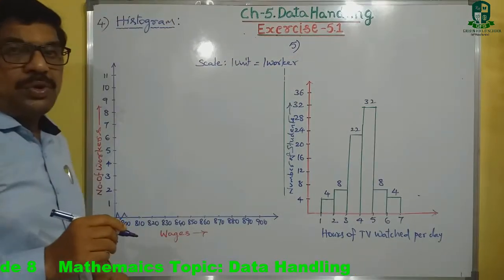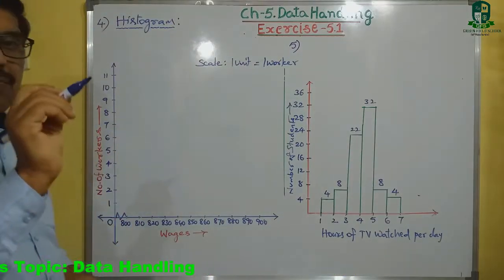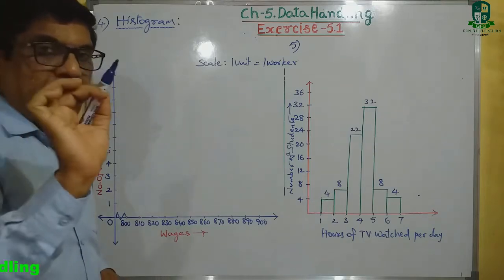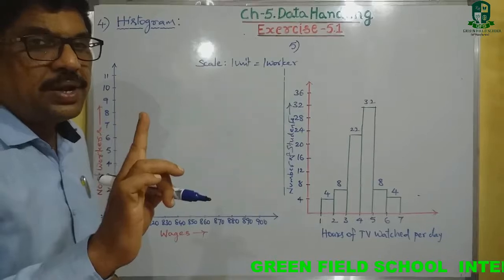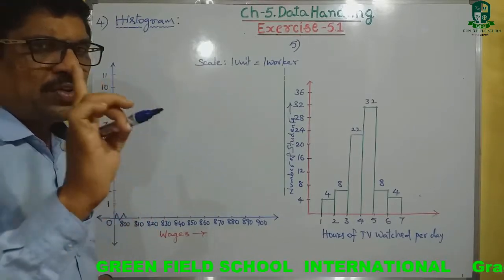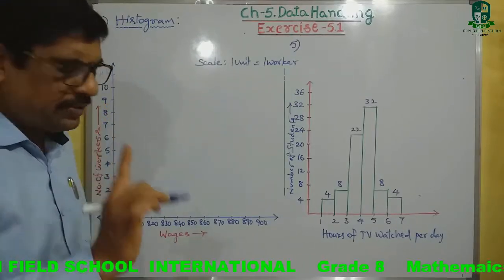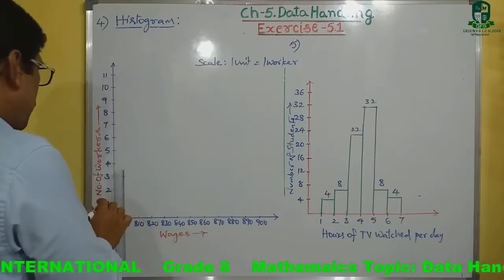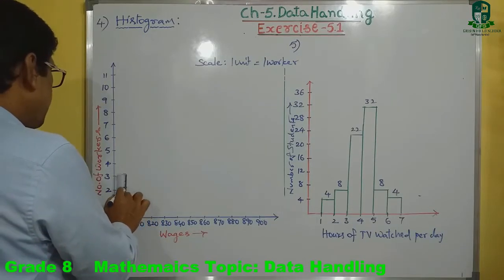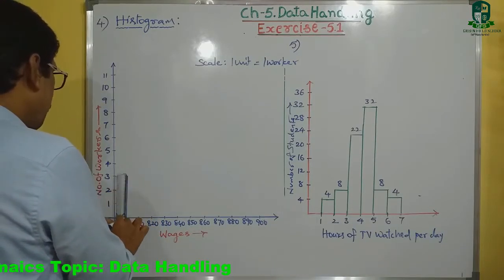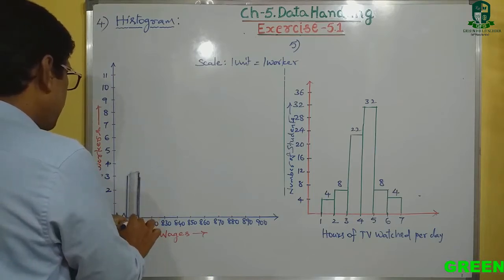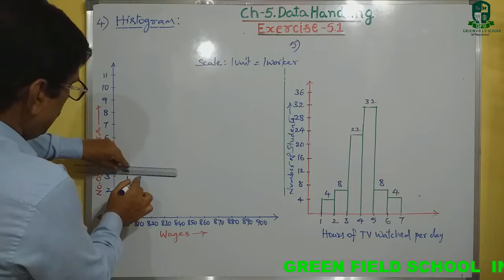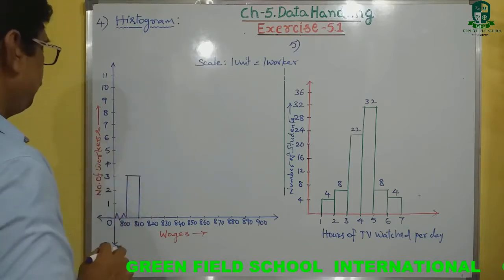Okay. Now look at the frequency distribution table and tell me the first class interval. What is that? 800 to 810. What is its corresponding frequency? Yes, that is 3. So for 800 to 810, we need to draw a column up to the height of 3, like this.